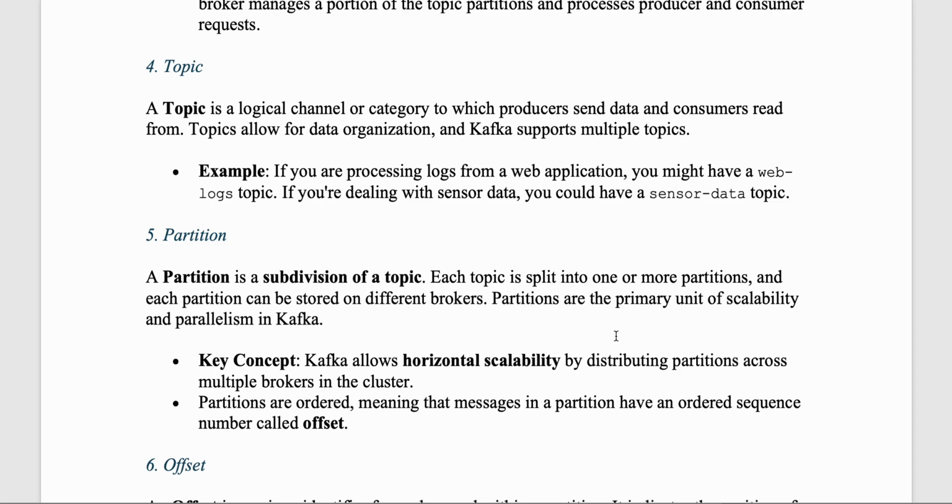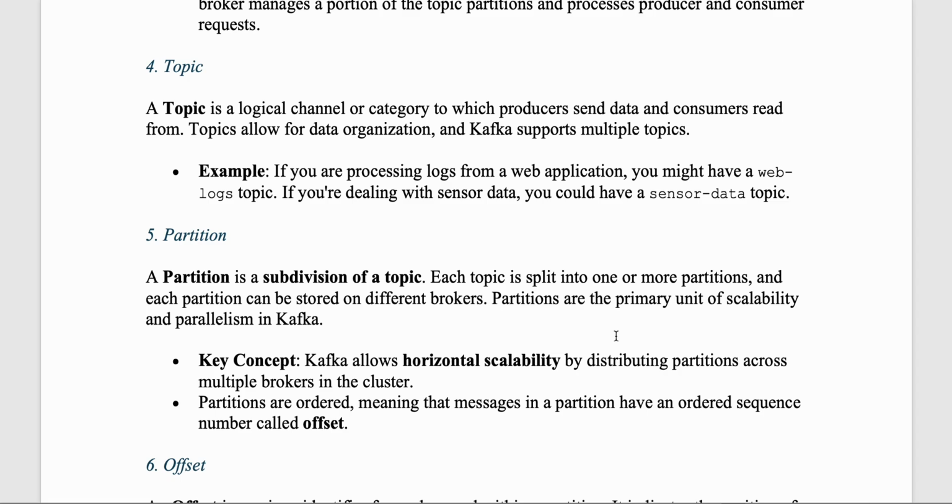Partitions are ordered, meaning that messages in a partition have an ordered sequence number called offset. If you read any topic, there are certain offsets, like from 0 to 10.